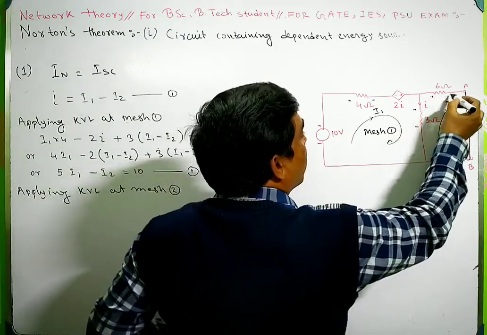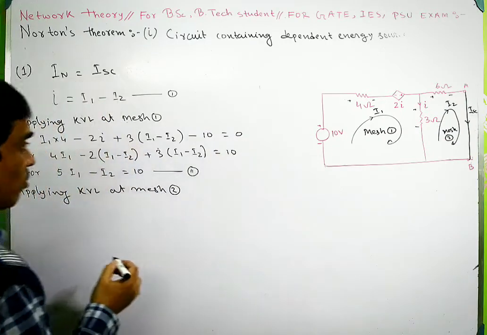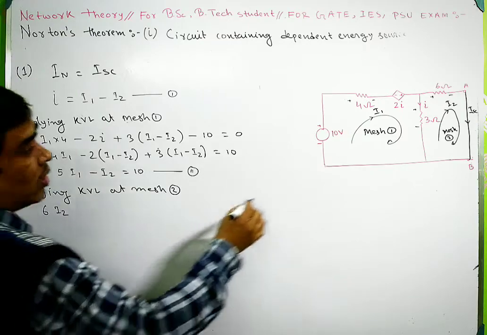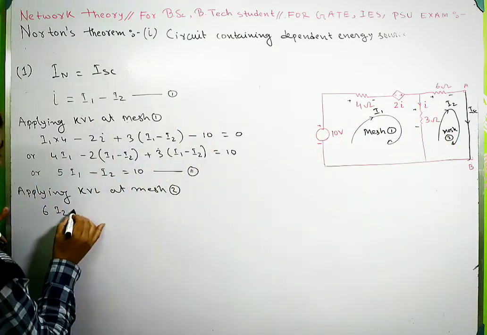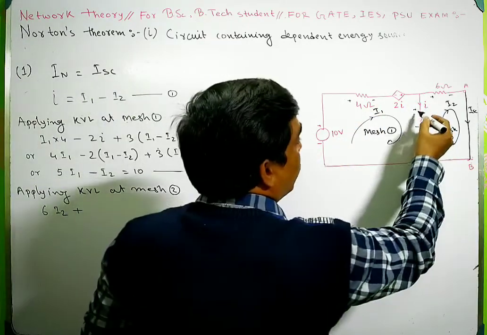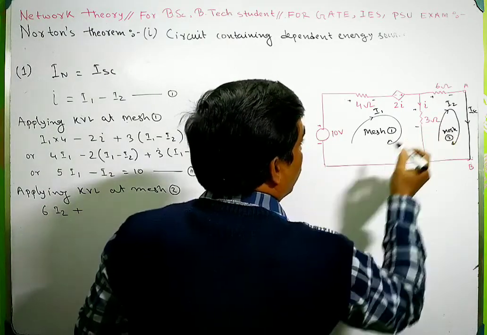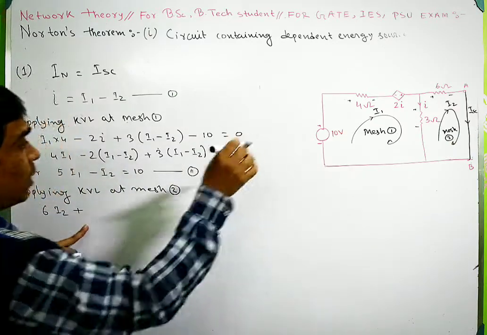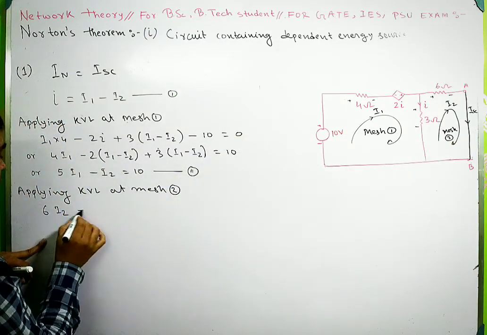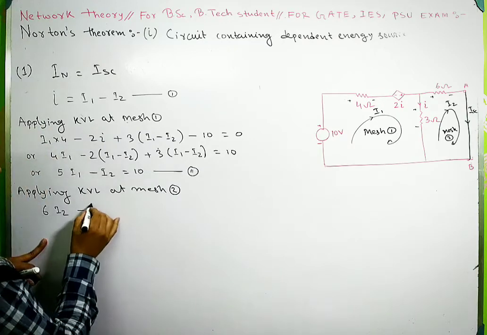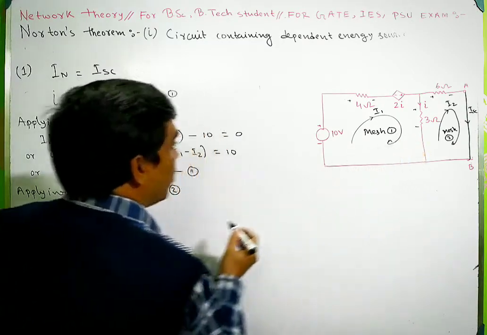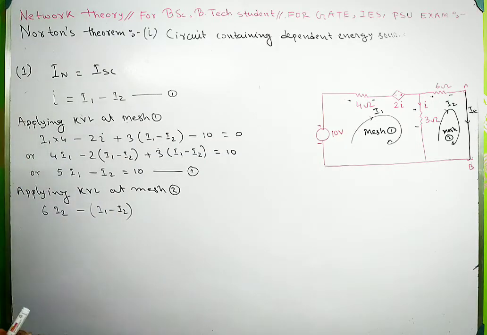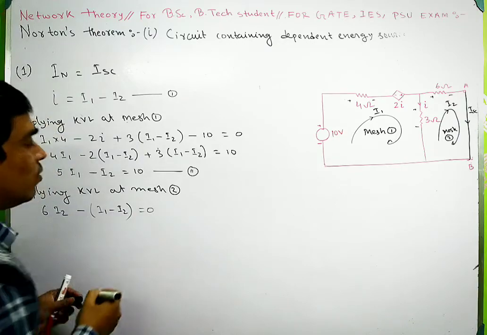Suppose this is plus minus, so 6I2, and this is plus minus, so minus plus, so it can be written as minus. Okay, so the current through this is I1 minus I2 equals 0.